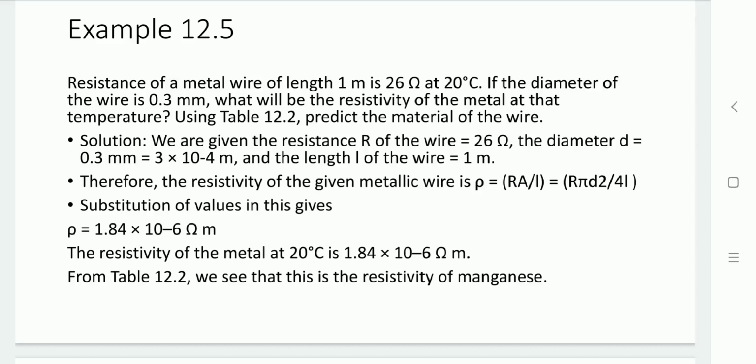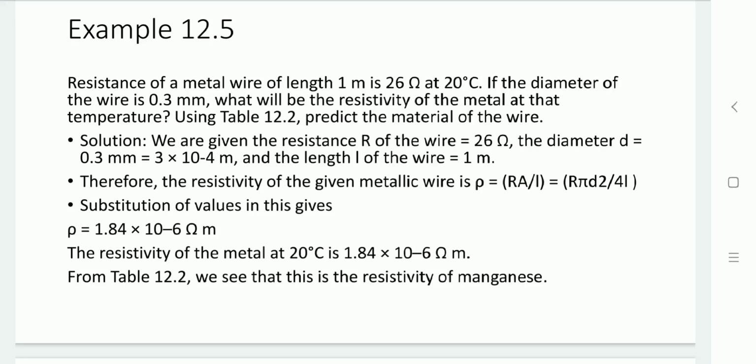Pi is 3.14, d is given, its diameter is 3 into 10 raised to minus 4. Place the values of all the parameters. So we are able to get its resistivity value 1.84 into 10 raised to minus 6 ohm meter.